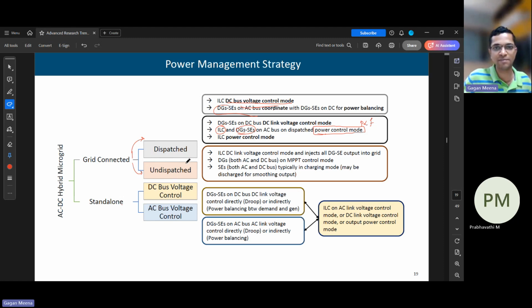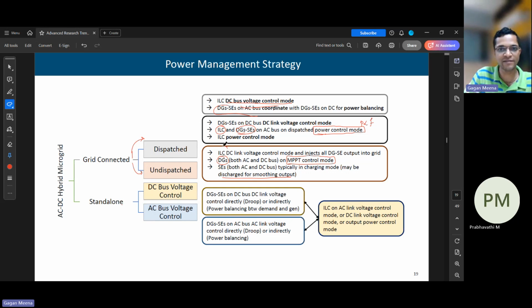Then in undispatched mode, DGs both on AC and DC side will operate at maximum power point. And the storage, because they are operating at maximum power point, either will charge if their SOC is less than 90%, or they may discharge for smoothing out the output and helping the grid.